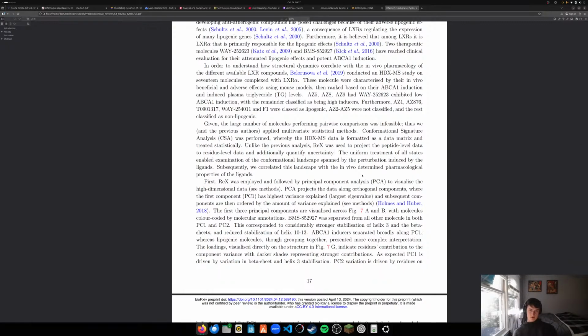The uniform treatment of all states enabled examination of the conformational landscape spanned by the perturbation induced by ligands. We correlated this landscape with the in vivo determination. Wow. I think I kind of get where they're coming from.